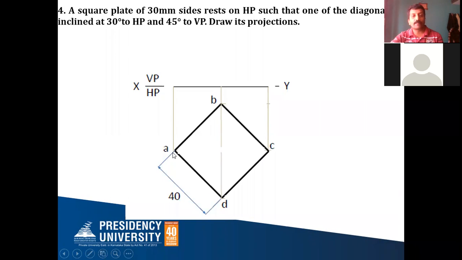After taking the point, draw a 45 degree line above and below the horizontal line. From this point, take the side dimension given, 40 millimeter, with the help of your compass, and cut the 45 degree lines above and below. Wherever it cuts, you will get 2 more points. So 1, 2, 3 points you will be getting.